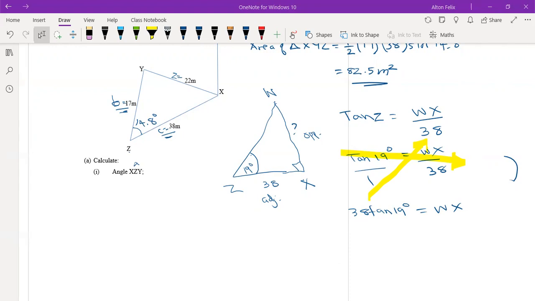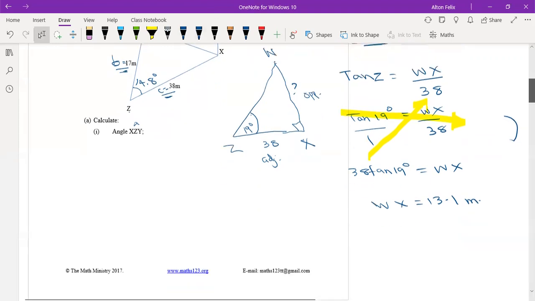No, by 38. Okay, so let's go back. Multiply by 38. So final answer, 13.1. So the length of WX will be 13.1 meters. So that takes care of question number 1.